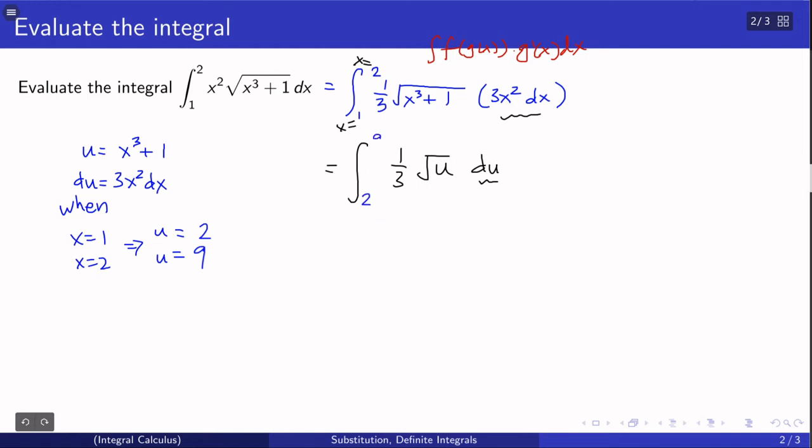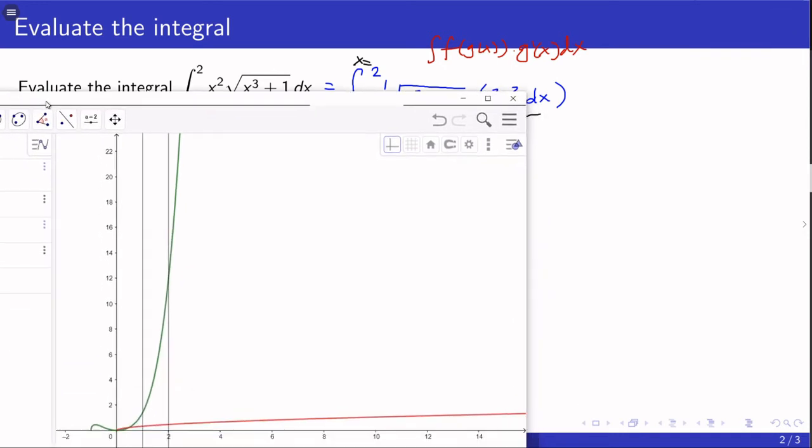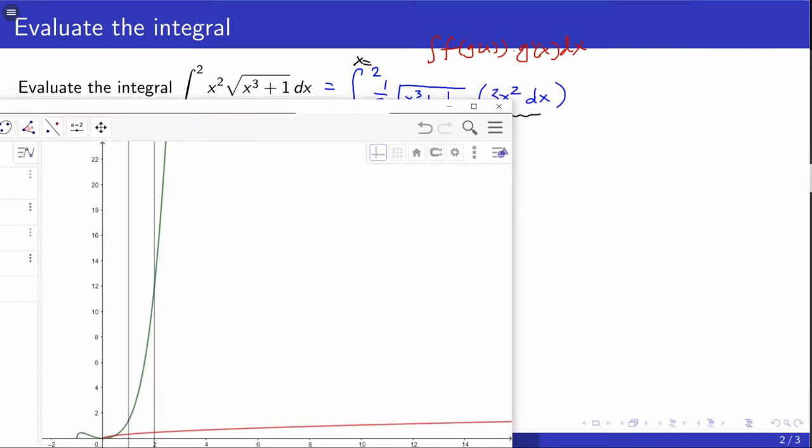And use this as our new bounds. So think of this as transforming your whole integral from x to u, including the bounds that you have. And now if you look at the graph here, what this tells me is that the area under the red curve from 2 to 9 is actually exactly the same as the area under the green curve from 1 to 2. So this region has area equal to this region.